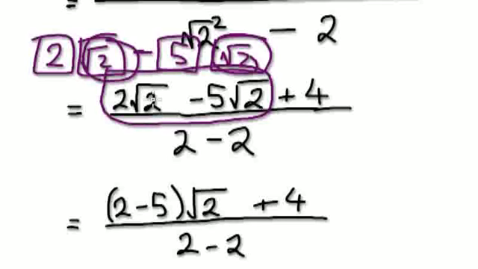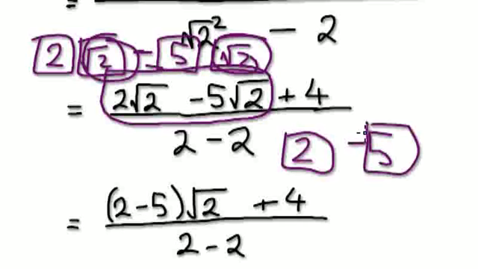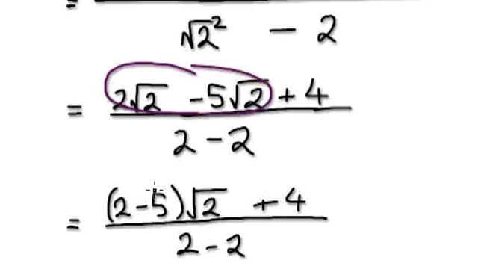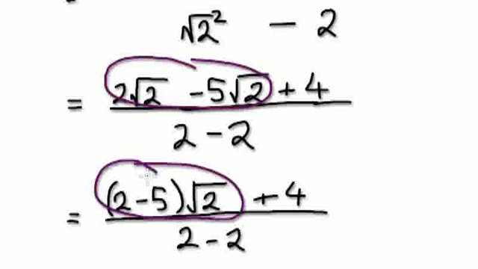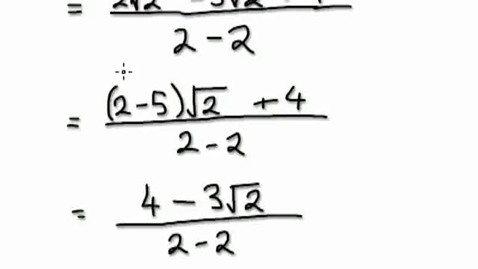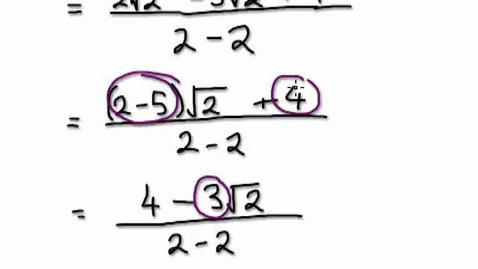So it's like this: 2 minus 5, and then you times root 2. So from here you can factor it out. So it looks like this, and then this bubble here becomes -3. So that's why you've got -3, because this is positive.